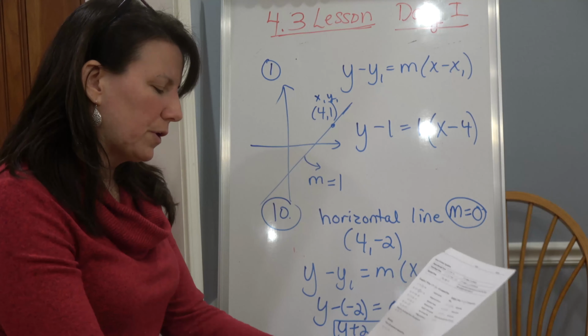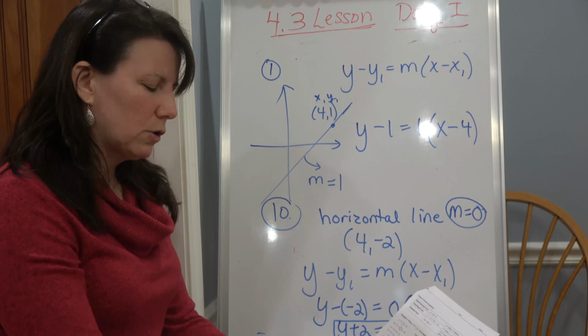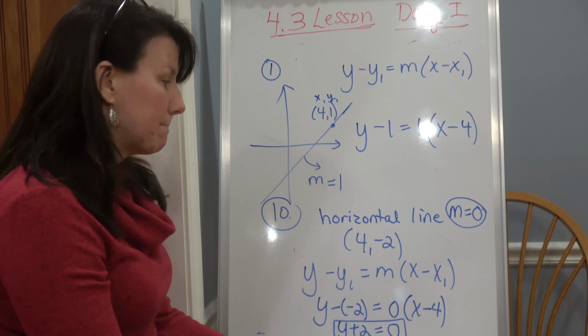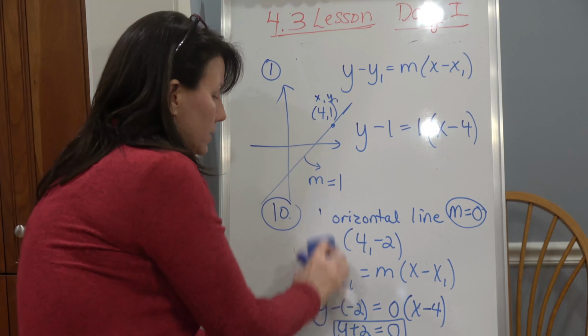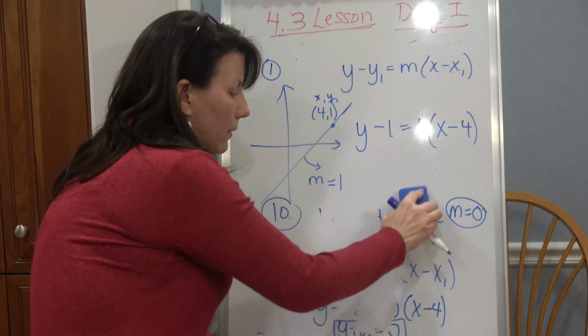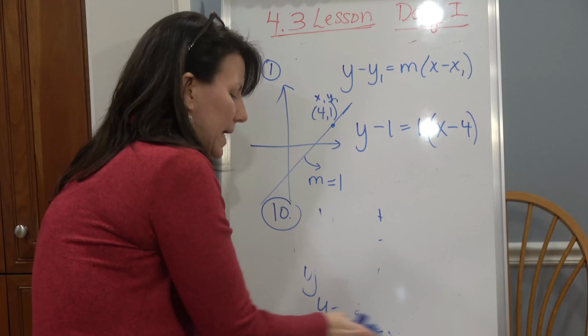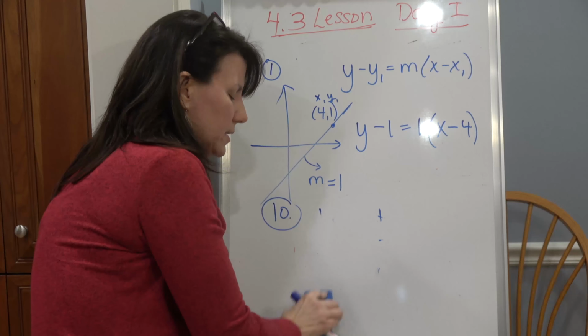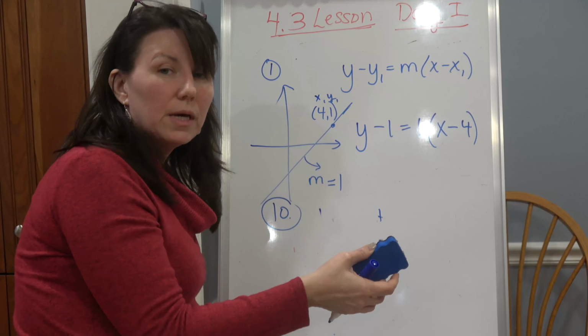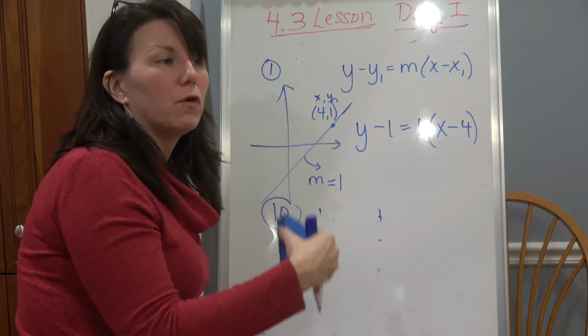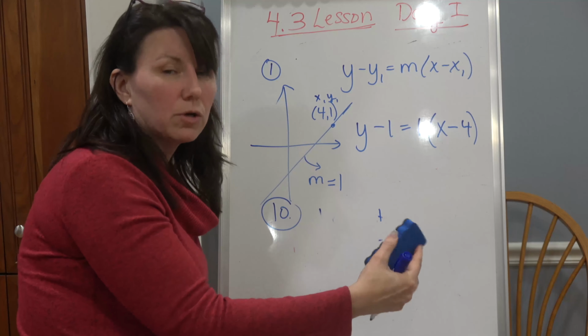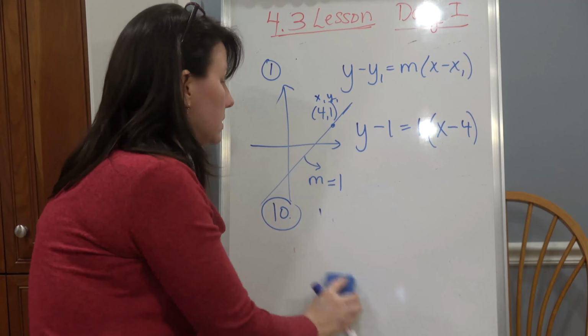But let's do one where you have to go from the point slope to slope intercept form. Okay. So you're at a point now in algebra where you need to be able to understand these more complicated instructions. You need to know what the vocabulary means in order to give the correct response.